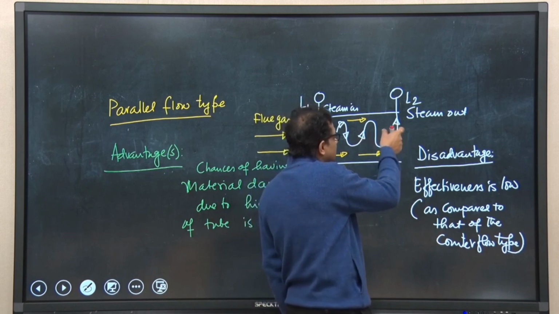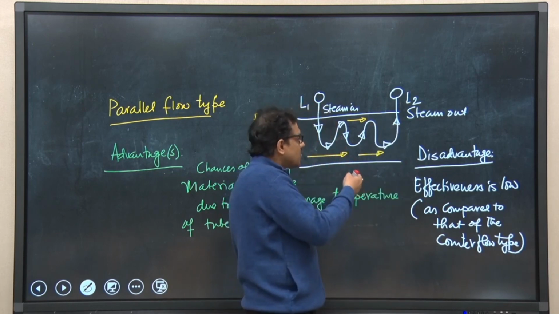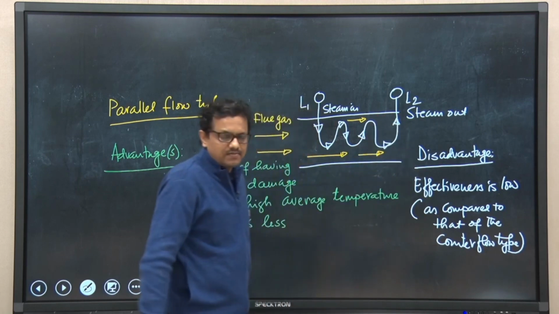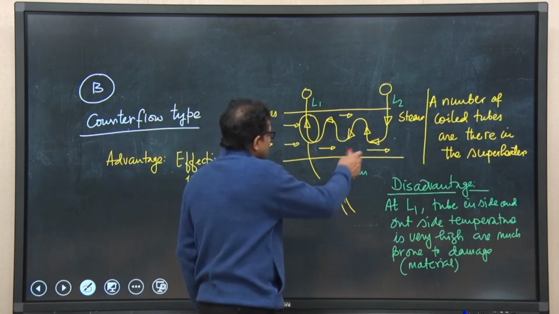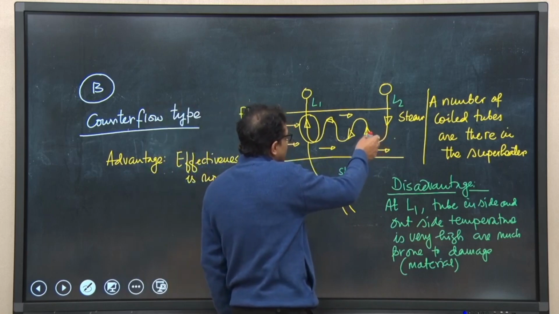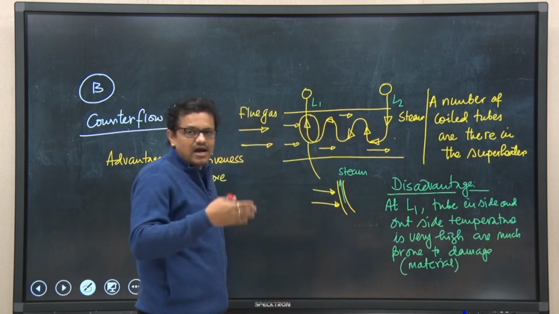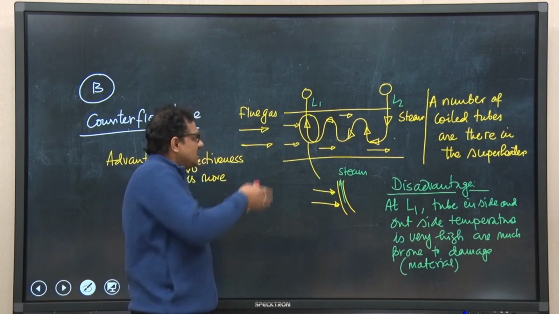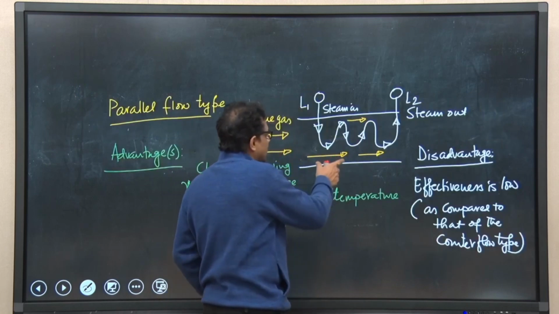So, when flue gas is in sections close to L2, the flue gas temperature is very less, so the temperature of steam which you will get at section L2 is not very high. On the other hand, if we go back to the counterflow type, when steam is coming at section L1, that is the outlet port, the steam temperature is very high. So, effectiveness is very high in this counterflow type, but that is not there in the parallel flow type.